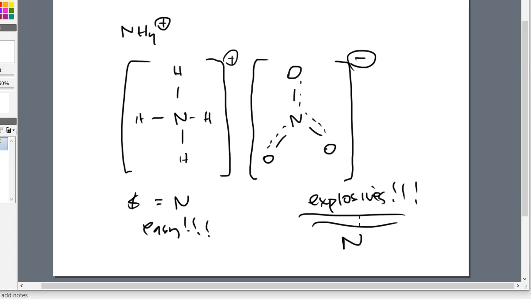And what better easy way to get nitrogen at my disposal than to go to any Home Depot, Lowe's, Walmart, big box retailer and purchase bags of fertilizer. I'm just going to say I'm fertilizing my roses at the house, when actually what I'm doing is probably making an explosive bomb in my garage that I can then throw into a crowd or into a building, or do whatever crazy people do with it.